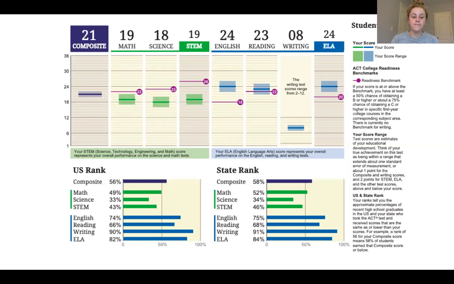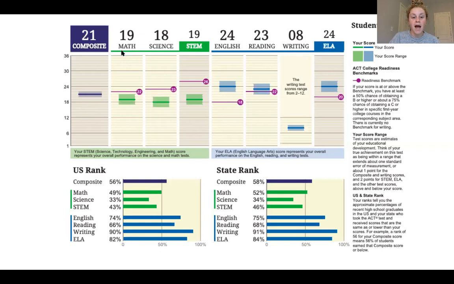Obviously there are good and bad days for taking the ACT, and if you studied or you didn't study, that shaded area is telling of that flexibility.